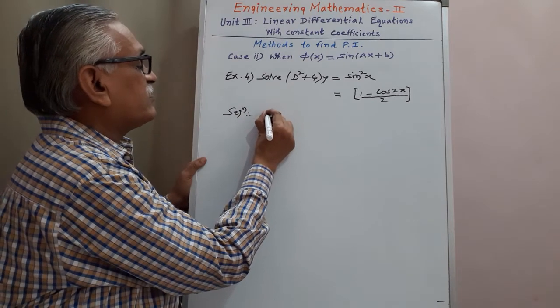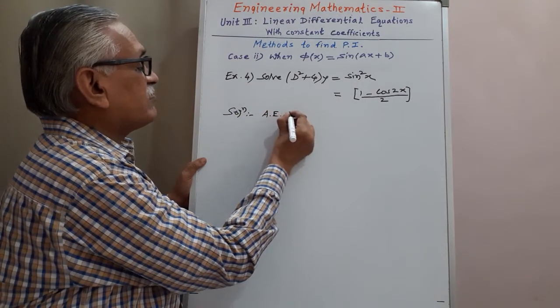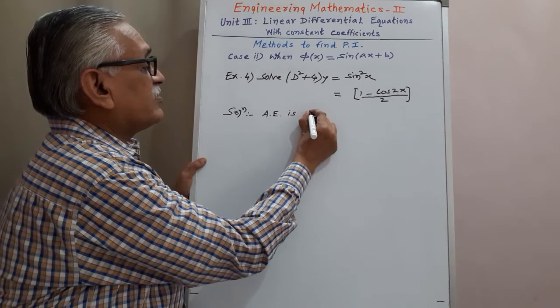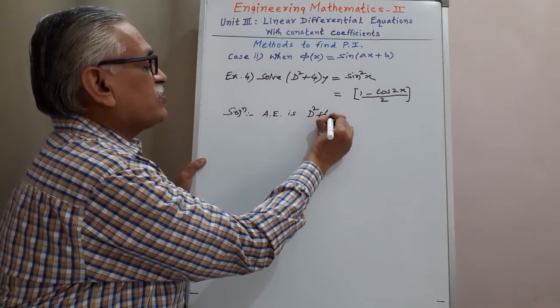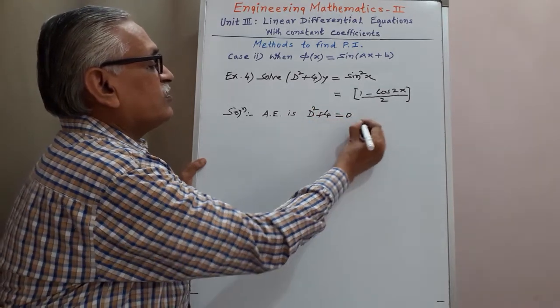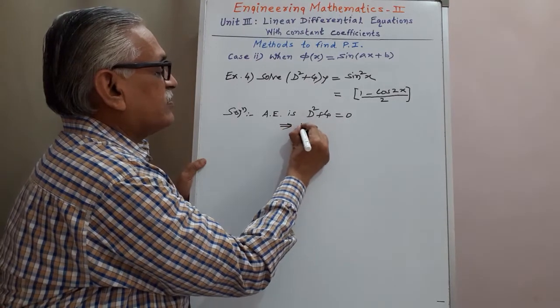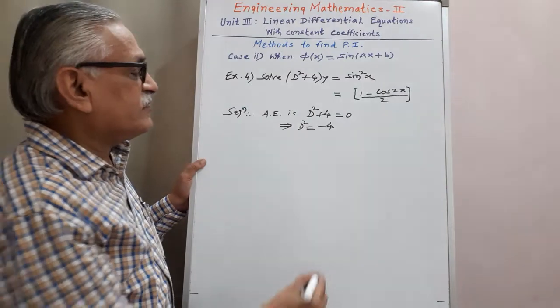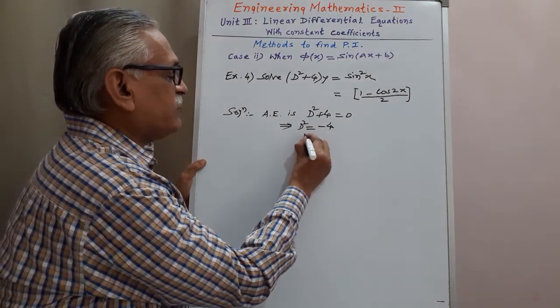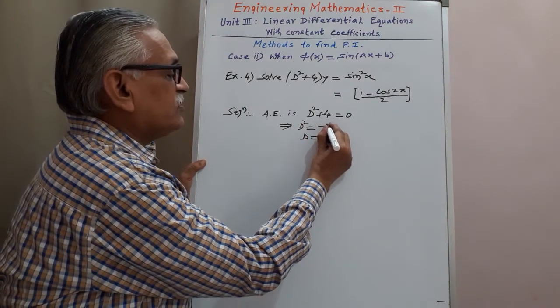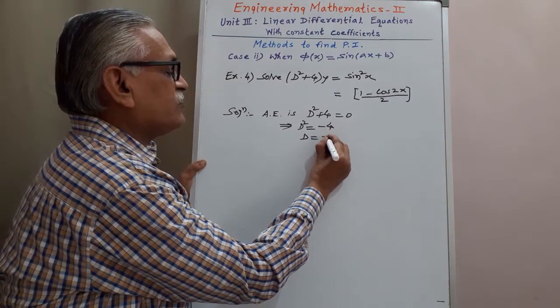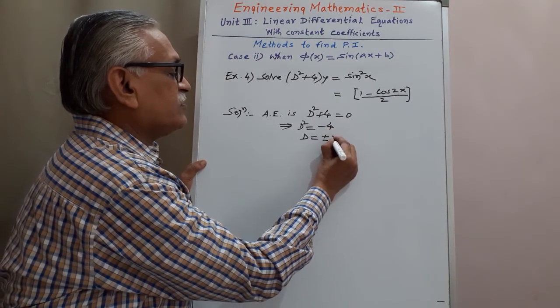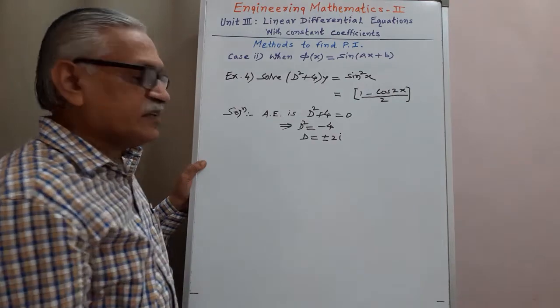the auxiliary equation is D square plus 4 is equals to 0. It implies D square is equals to minus 4, transferring to the right hand side. Taking square root on both sides, we get D is equals to root of minus 4, we get plus minus 2i.